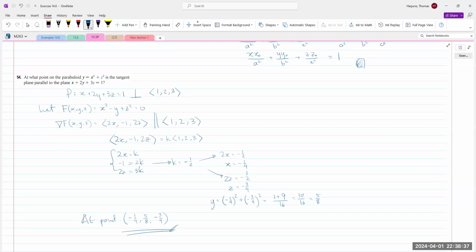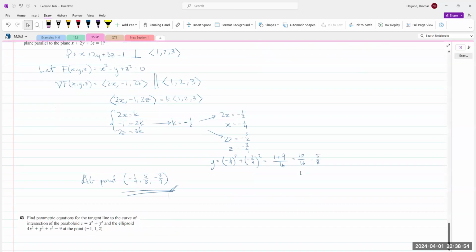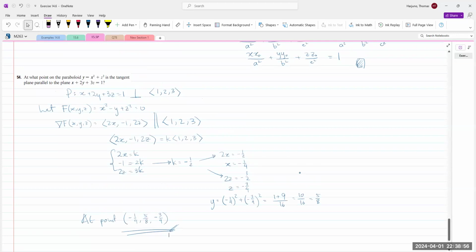Okay, would you like to see what it is? The things we cannot pinpoint, huh? Let's see what is the equation of the tangent plane.